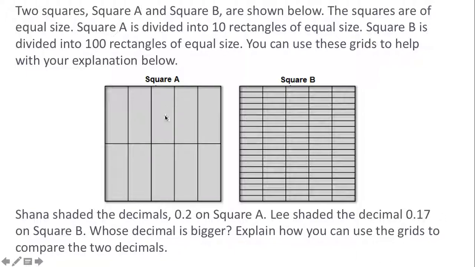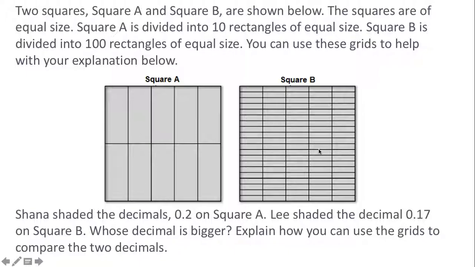So what I say about this, I want to have a sentence where I'm like, you can always change tenths into hundredths and have it in an equivalent form so that then it's easy to compare hundredths with hundredths. You see how that big idea can be something that shines through. I can say it at the start. So, to shade 0.2 on square A, I shade 2 pieces, right?